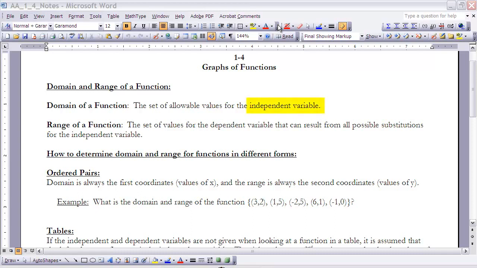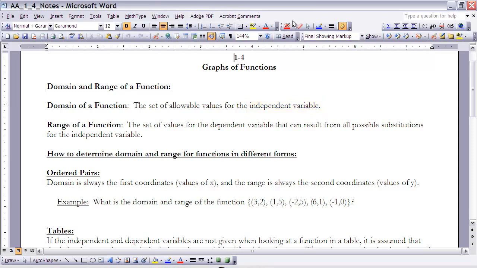When we talk about the domain of a function, it's the set of allowable values for the independent variable. Remember we can write functions in a lot of different ways. We can write them as ordered pairs, as equations, and we can graph them.